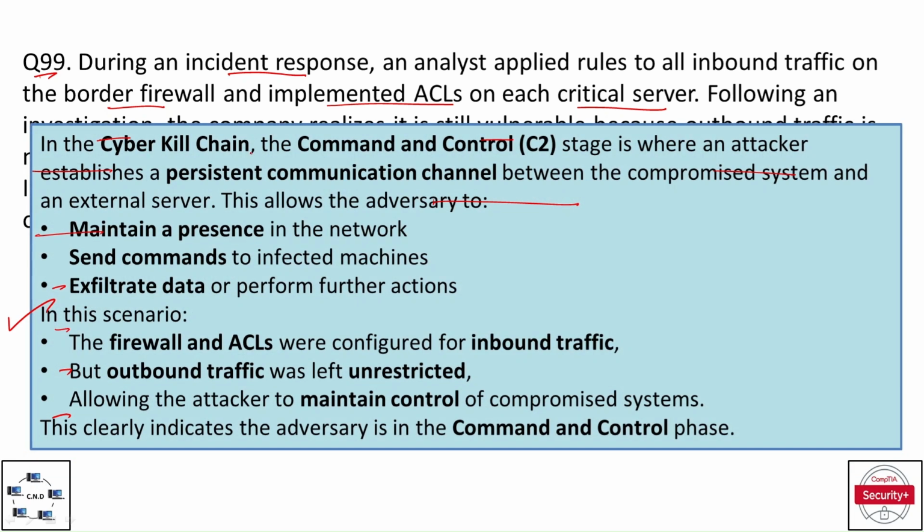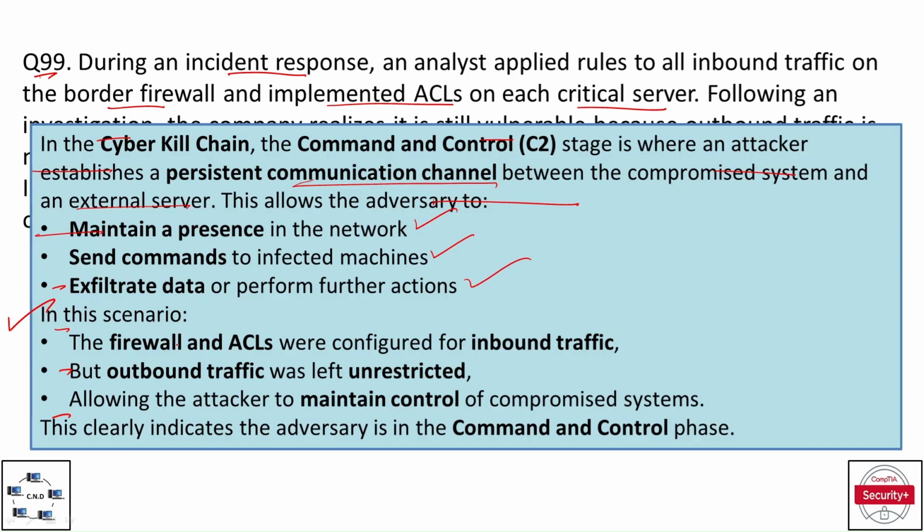So in the cyber kill chain, the command and control stage is where an attacker establishes a persistent communication channel between the compromised system and an external server. This allows the adversary to maintain a presence in the network, send commands to infected systems, and exfiltrate data or perform further actions.